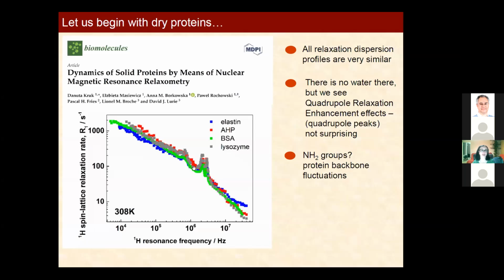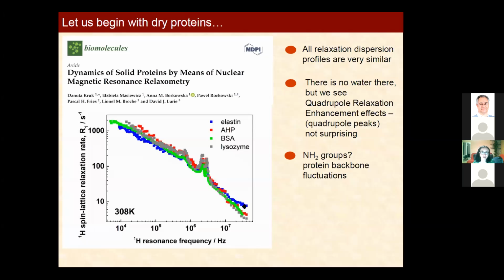And the relaxation dispersion profiles. The first, somewhat disappointing information is that all the relaxation data are very much similar. We have different proteins, however all of them start between 1000 and 2000, and all of them end somewhere here.